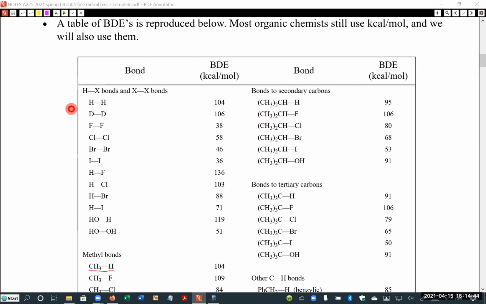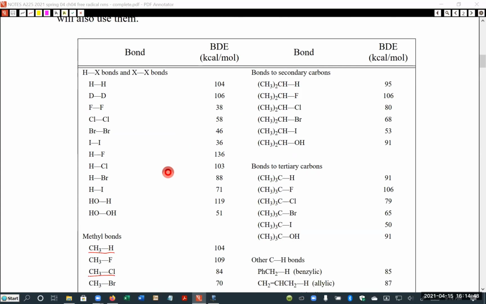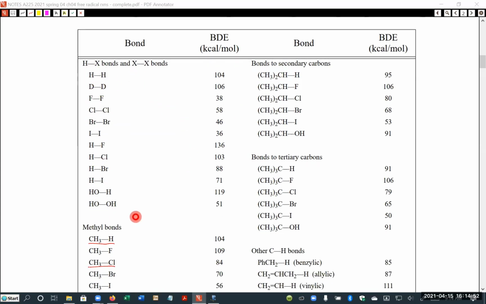Now, the way that this table works is we have various species on here. Some are just diatomic, like hydrogen. In a diatomic species, it's very obvious which bond you would be breaking.